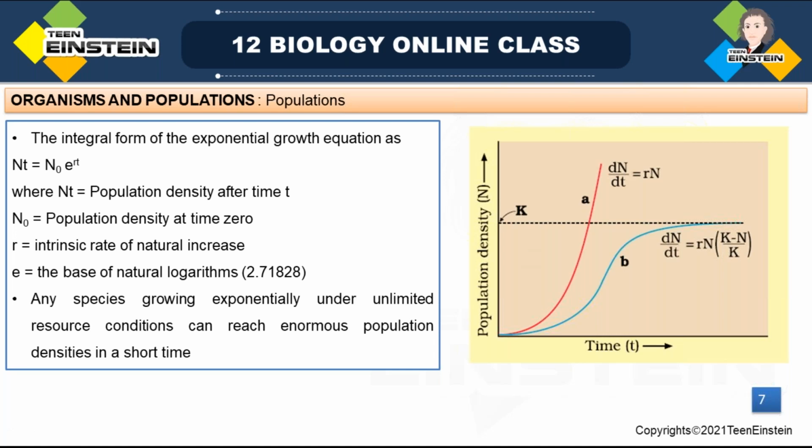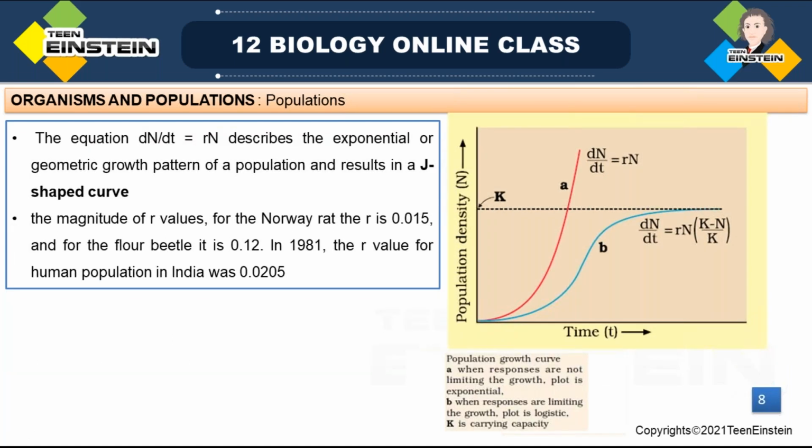Here the equation dN by dt is equal to rN shows geometric growth. We have already said geometric growth, and that results in the J-shaped curve.